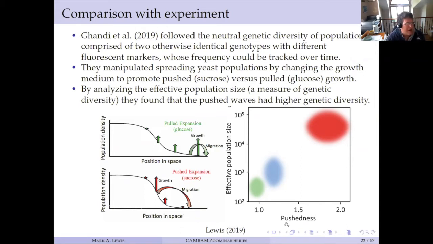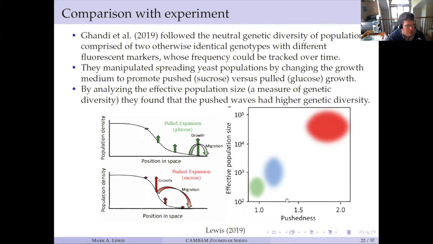And so on the right is a little summary that I did of the outcome of the experiments by Gandhi et al. And so they have a quantity they call pushedness, and the red wave has a pushedness of around 2, and the green wave has a pushedness of about 1, so low pushedness. And on the vertical axis is a measure of genetic diversity, which they call effective population size.